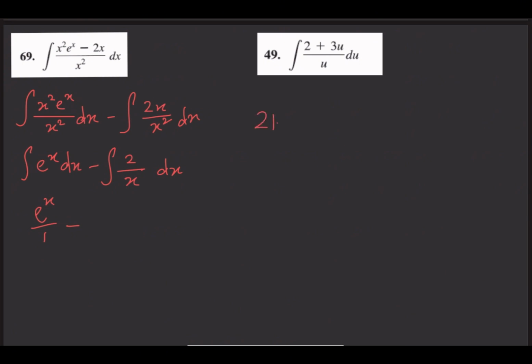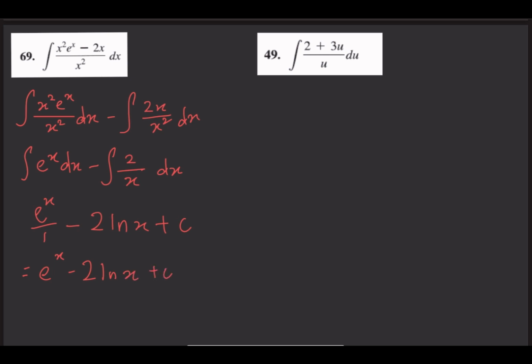Let's say we have 2 ln x, the derivative of this equals 2 multiplied by 1 over x, which is 2 over x. And therefore, if we get back here, we get 2 ln x. In this case, we get 2 ln x plus c. And then simplify: e power x minus 2 ln x plus c.